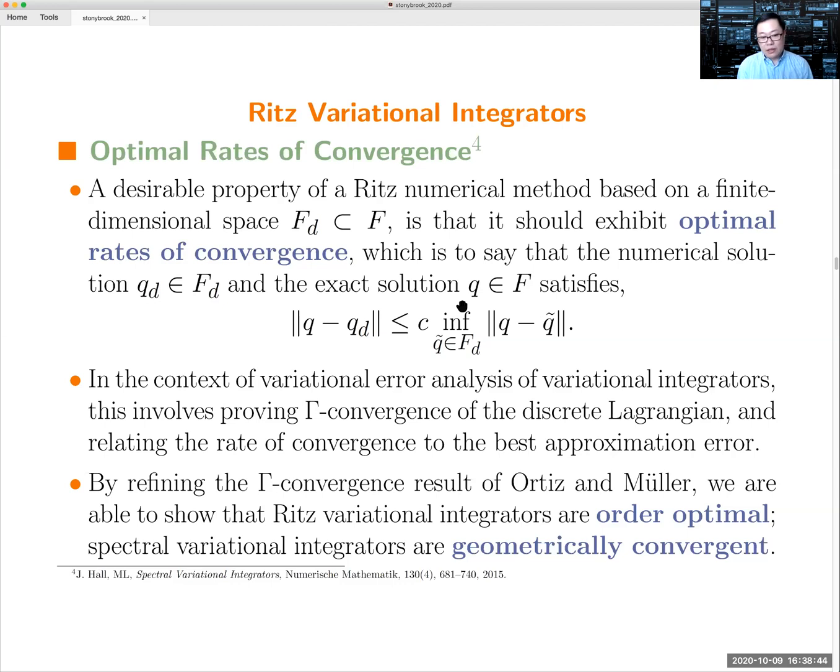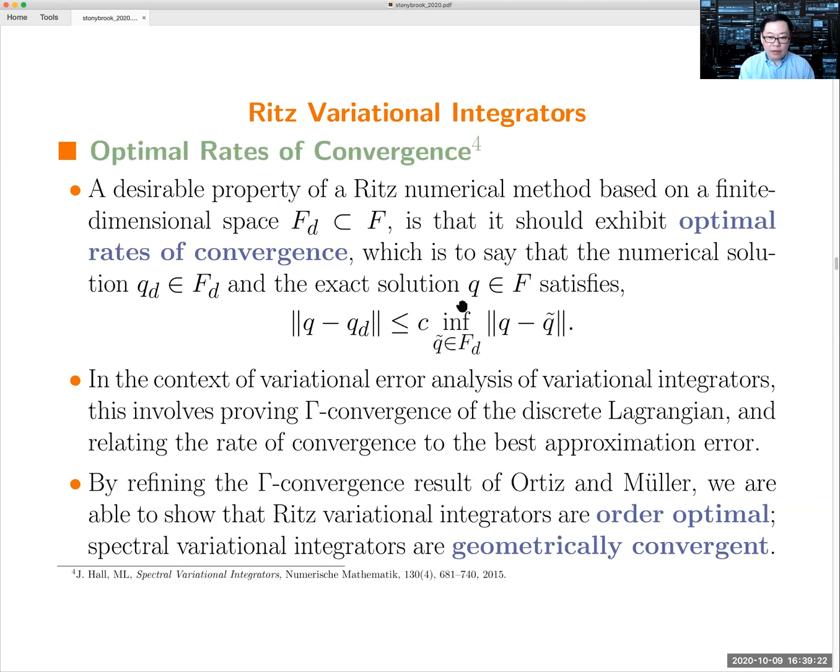What that basically means is that if I know a priori something about the regularity class the solution lives in, and I have access to approximation theoretic results which say that for that particular function space, this family of finite dimensional function spaces has a good rate of approximation, then you can use that to construct a variational integrator, and the variational integrator is guaranteed to have the error properties you expect from the best approximation results.